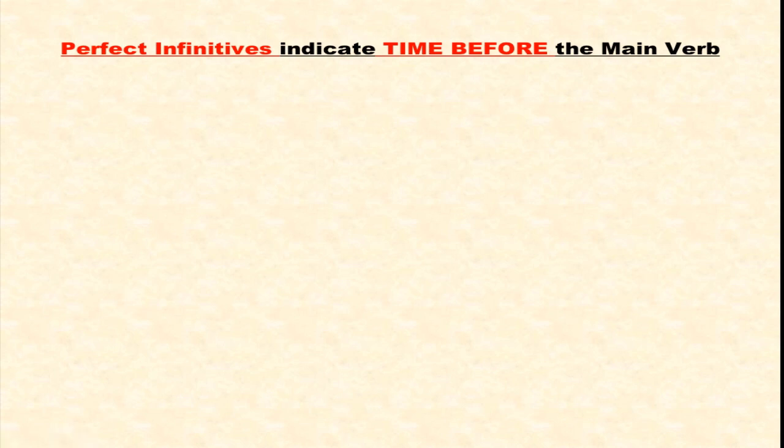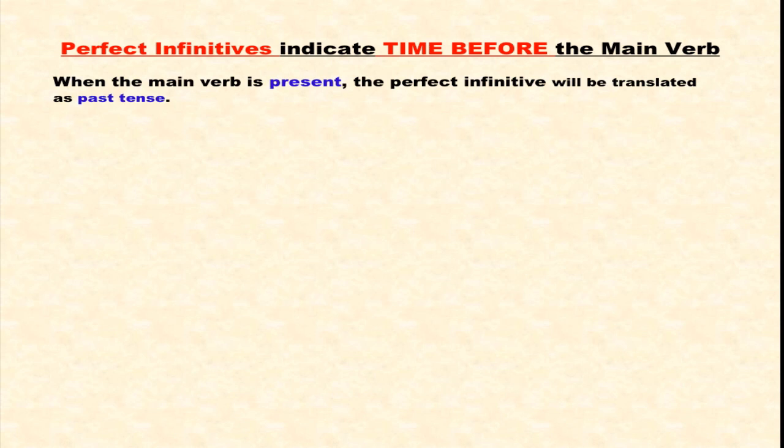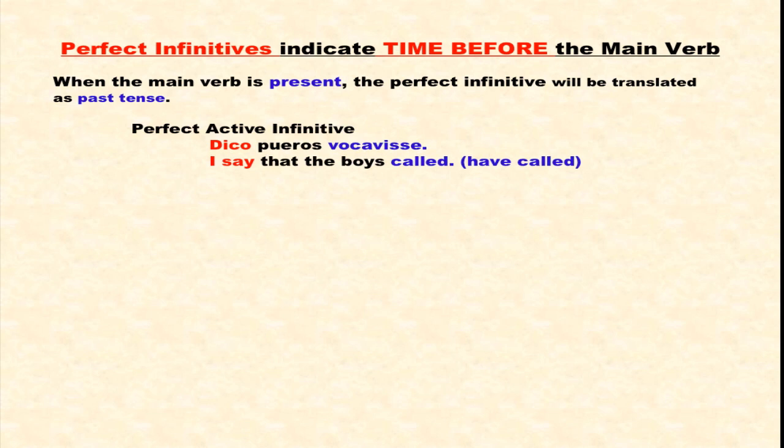Perfect infinitives indicate time before the main verb, and so when the main verb is present, the perfect infinitive will be translated with some past tense. So that looks like this. Dico pueros vocavisse. I say that the boys called. I could use "have called" in the appropriate situation.